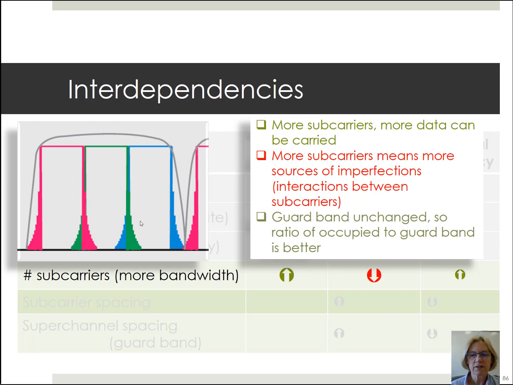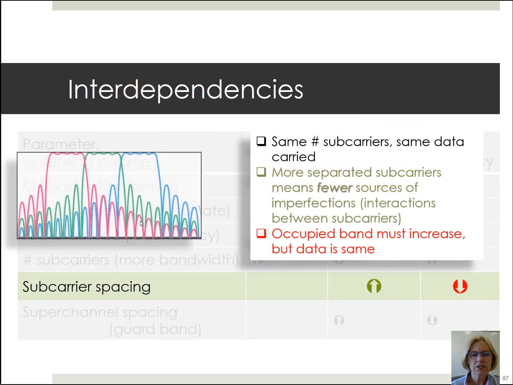So let's go on to the next characteristic, which is the subcarrier spacing. If I have the same number of subcarriers, that means the same amount of data is being carried, so I don't have any real change in the capacity.